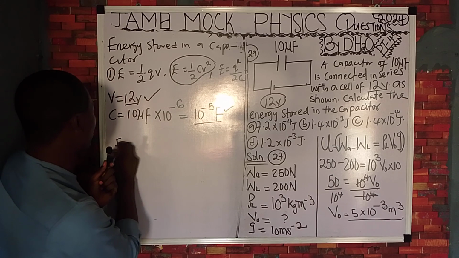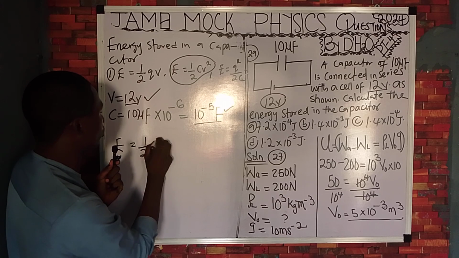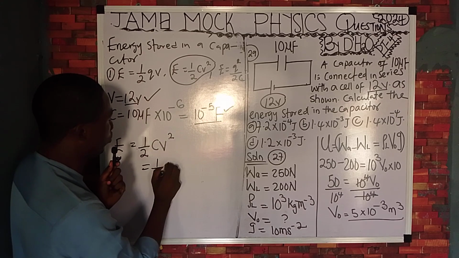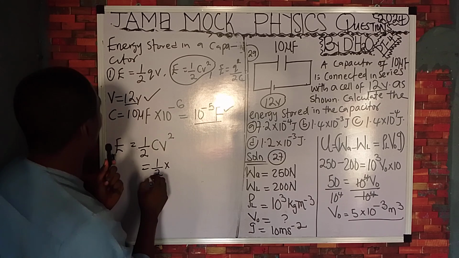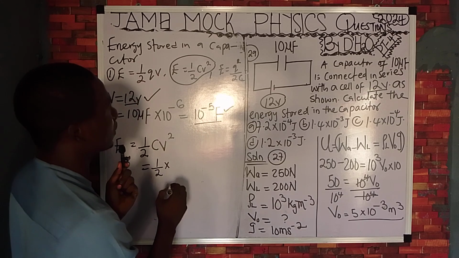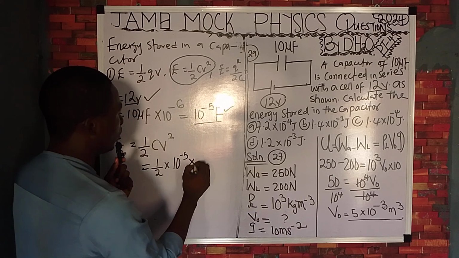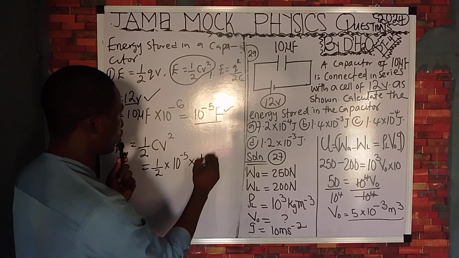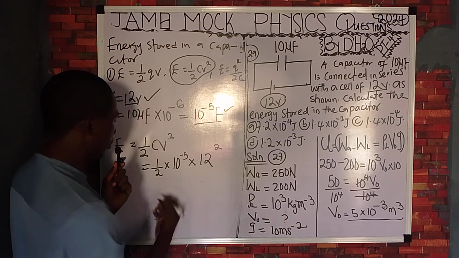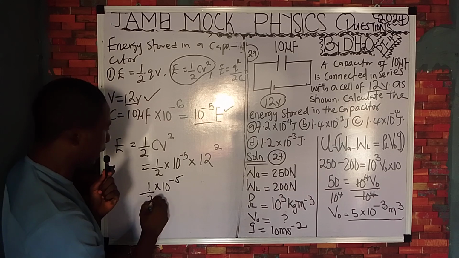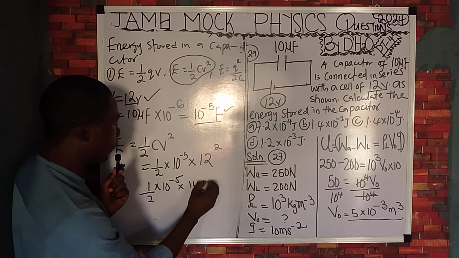So if we are using energy is equals to 1 over 2 CV square, we have 1 over 2 times C. C is what? Capacitance, which is 10 raised to the power of minus 5. While your voltage is 12, so you have 12 square. So what do we have? 1 over 2 times 10 raised to the power of minus 5 times 144.